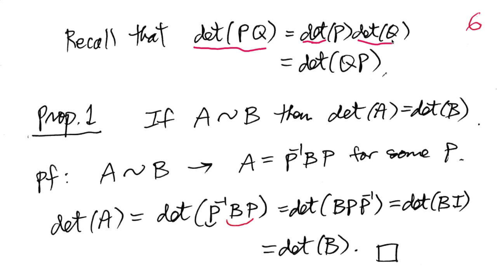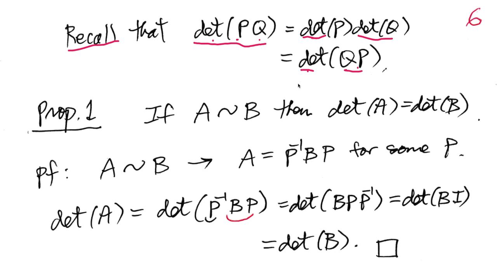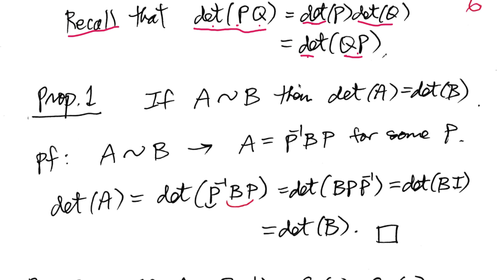And therefore we could turn this around and see that this is the determinant of the reversed product. So this is the formulation we're going to use: the determinant of PQ is the determinant of QP. P and Q have to be square matrices of the same dimension for that to even make sense. So this is recall. If you don't recall that, go look it up. We're going to use that little factoid right now.